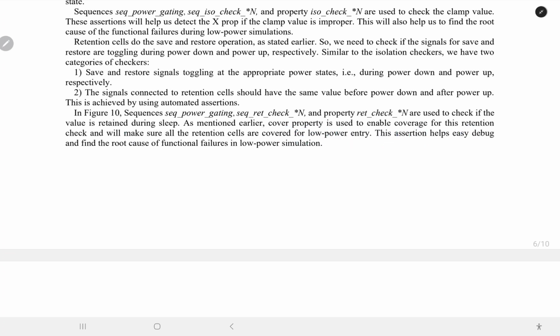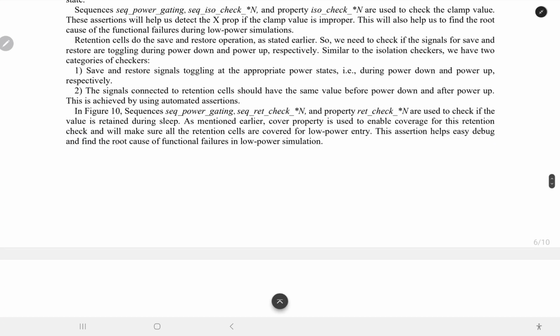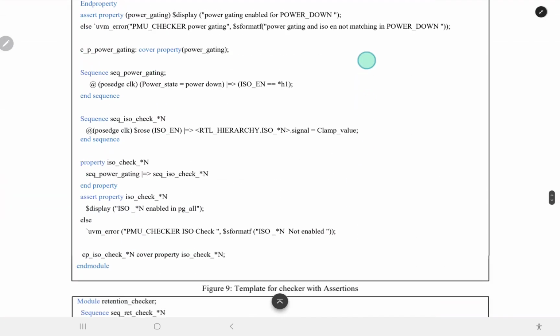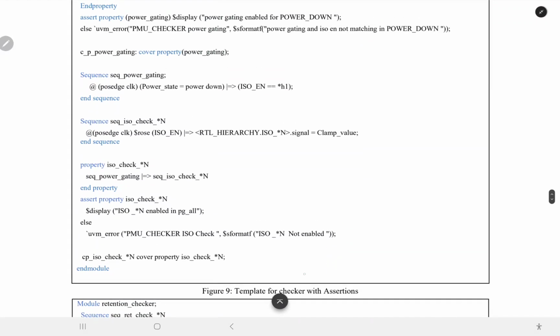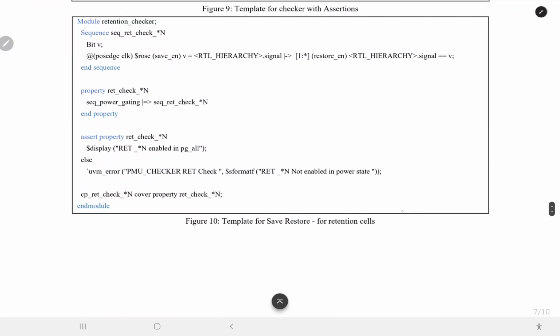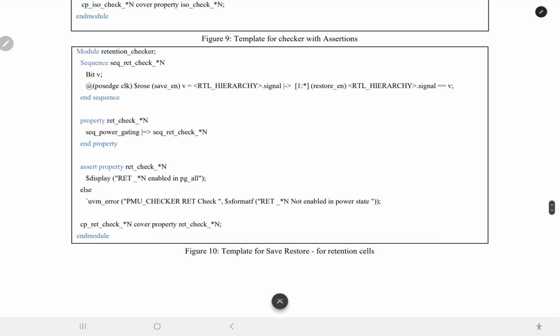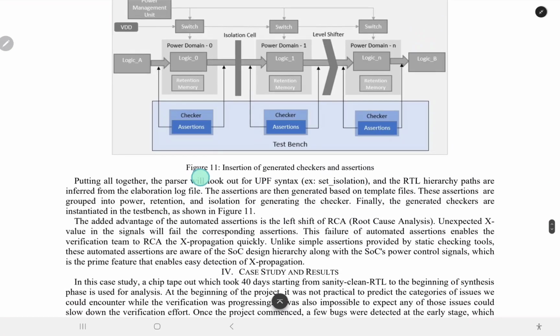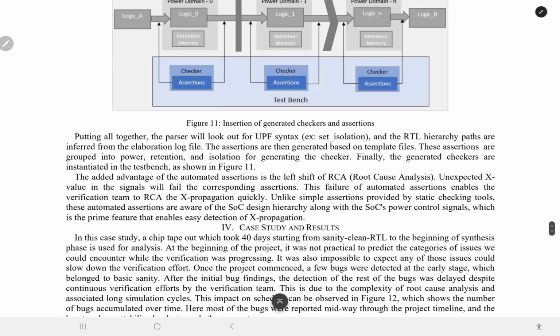This assertion helps easy debug and find the root cause of the functional failure in the low power simulation. Figure 9 is the template for the checker with assertions. Figure 10 is the template for save and restore for retention cells. Figure 11 is the assertion of a generated checker and assertion.